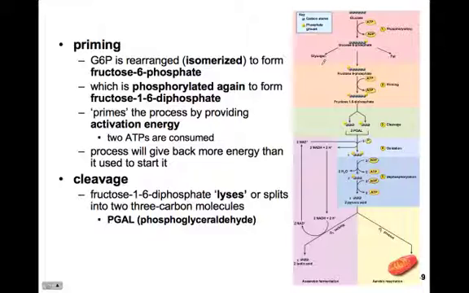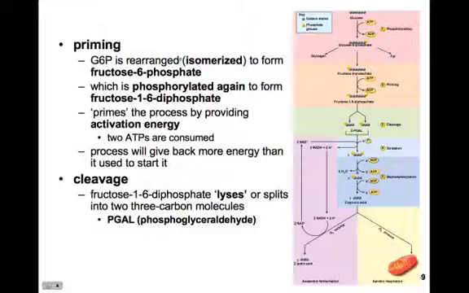The next step in the game is priming. Priming is much like if we wanted to set a log or a piece of paper on fire: we would have to add a little energy, like a spark, using a lighter or a match. Here we add a little energy, and just like when we burn paper, we release much more heat than the initial energy invested, because we're releasing stored energy in this carbohydrate compound.